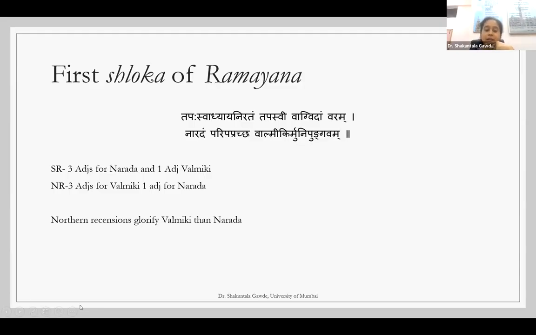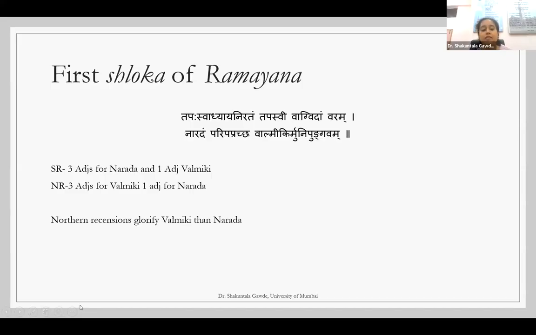But in other recensions, all these adjectives, tapasvadhyaya nirata, tapasvi, vagvidam varam, are applied to Valmiki and not Narada. If we change the vibhakti pratyaya of tapasvadhyaya niratam from accusative to nominative, they will get applied to Valmiki, because they want to eulogize Valmiki rather than Narada. Of course, Narada is a divine figure, but still they want to eulogize Valmiki.